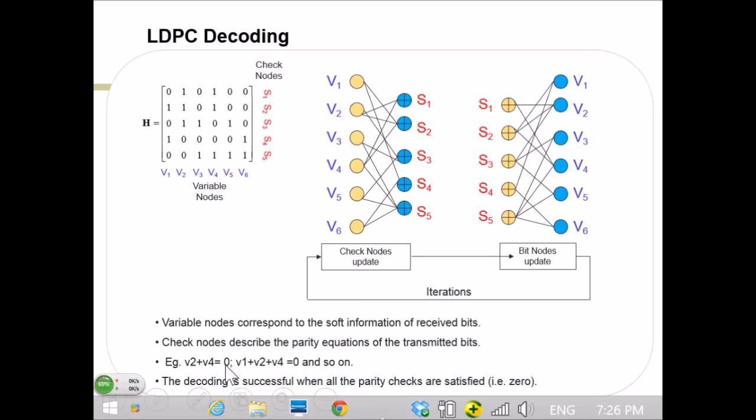So let's say the syndrome is not satisfied, this V2 plus V4 is not satisfied, let's say V2 happened to be 1 and V4 happened to be 0. Now you could flip V2 to 0 or you could flip V4 so that the resulting equation is satisfied, right?